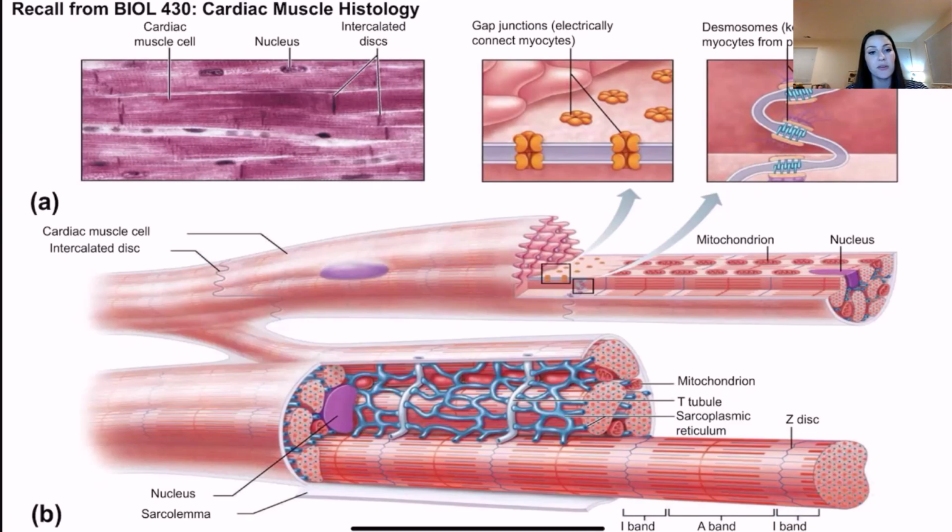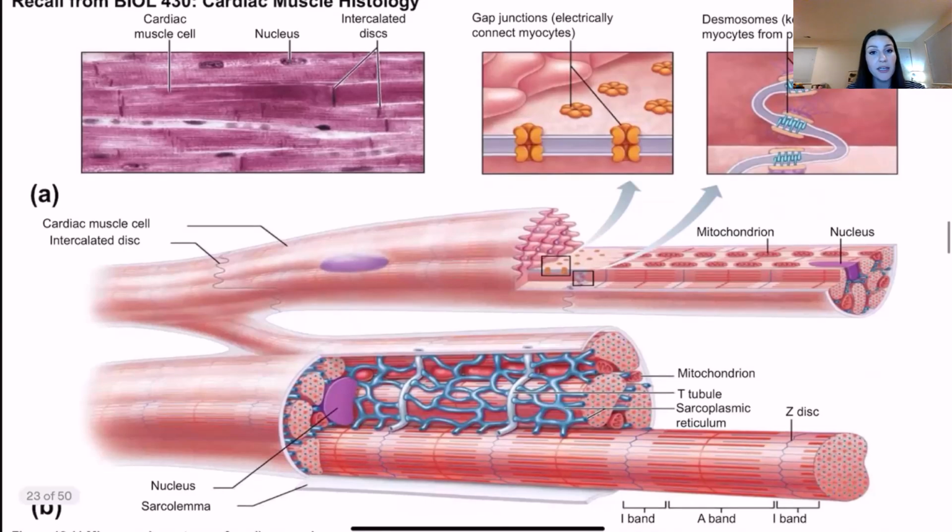And cardiac muscle cells are connected by special junctions called intercalated discs. So intercalated discs consist of 2 things. They consist, I'll highlight them in yellow, they consist of gap junctions. Gap junctions are holes in the membrane. So they're little pores where substances can pass through.